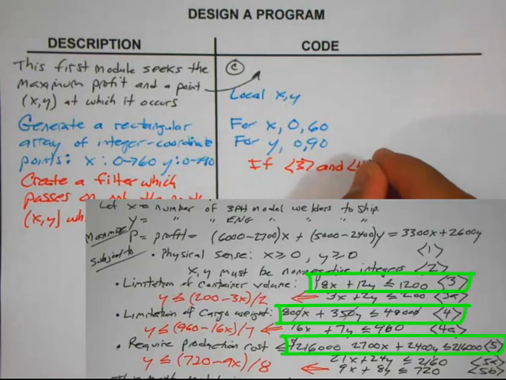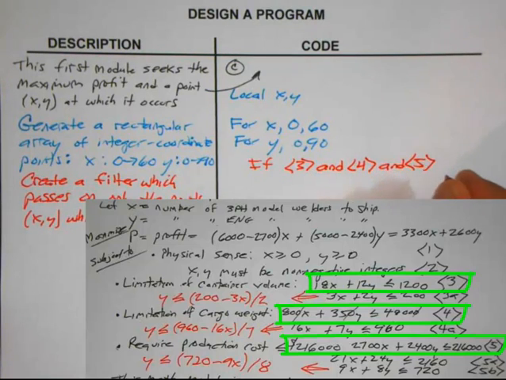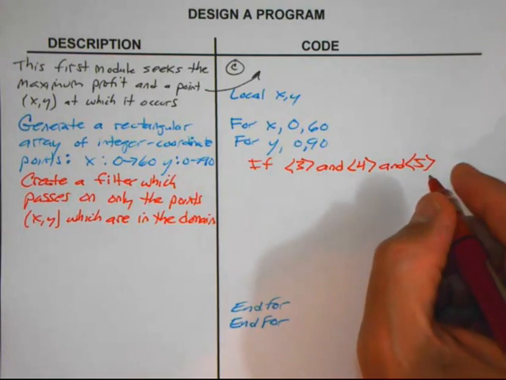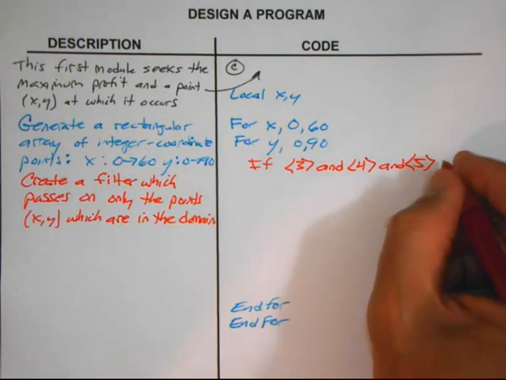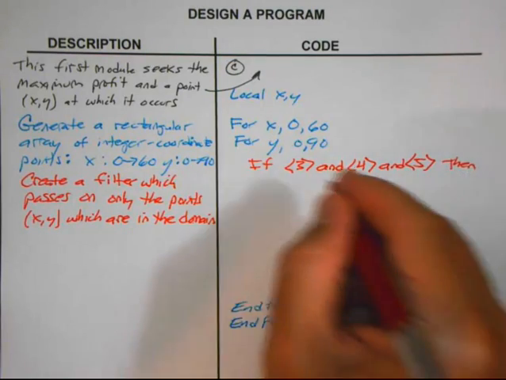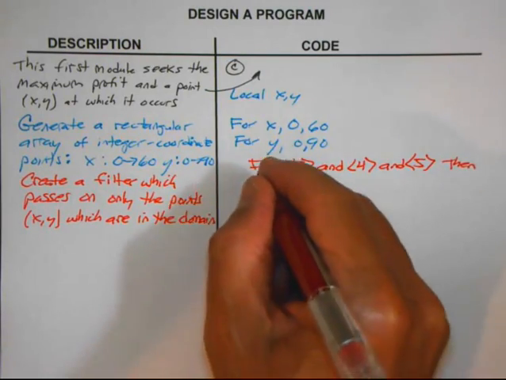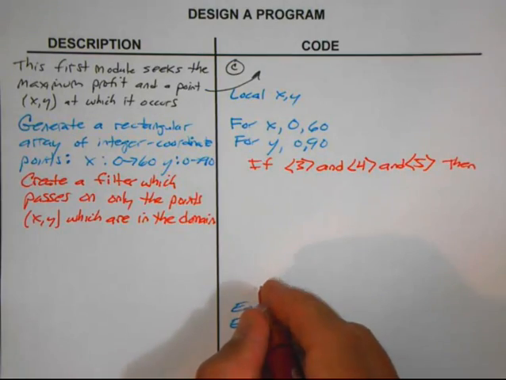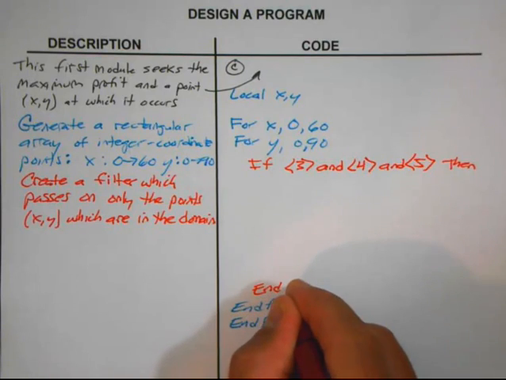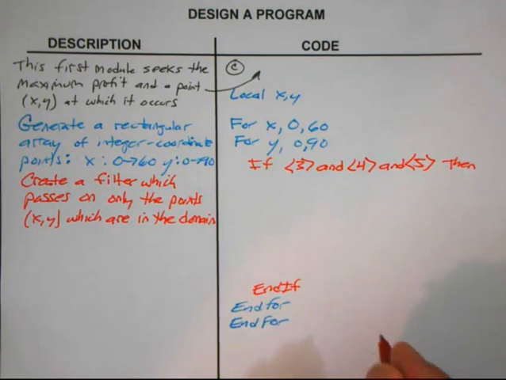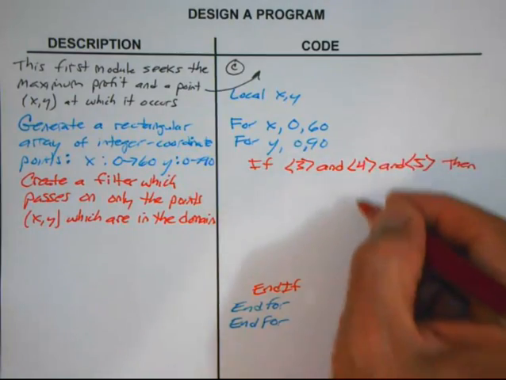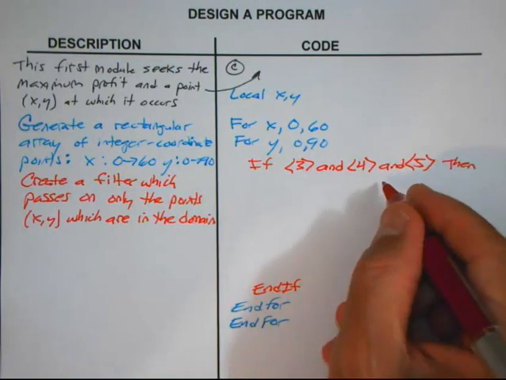And 4 and 5. Okay, now this would give us all the restrictions of the domain, and then we could have our then, and now we can proceed in here. We need to put the corresponding end of the statement down here, like so.